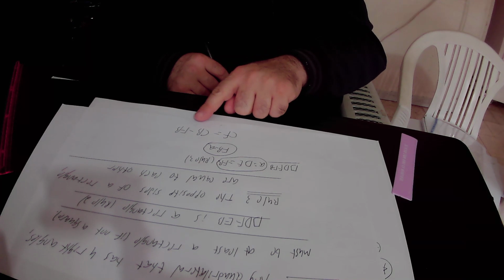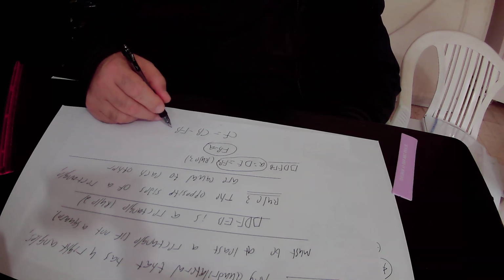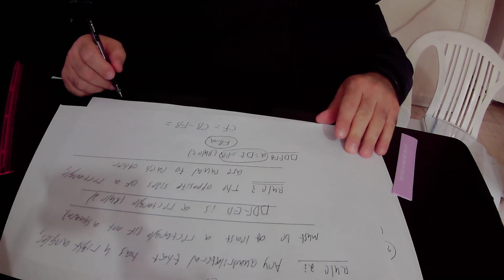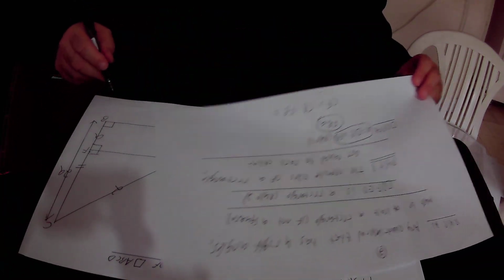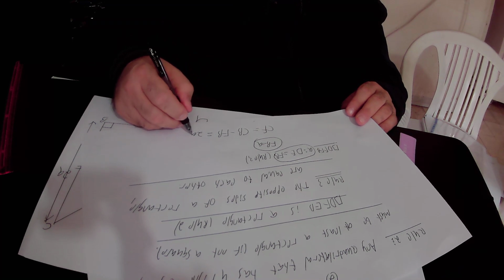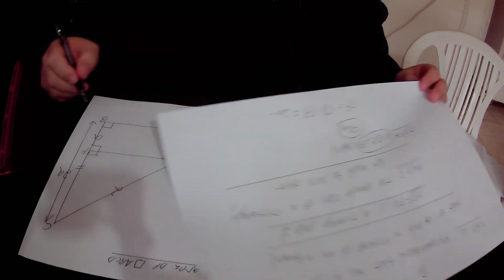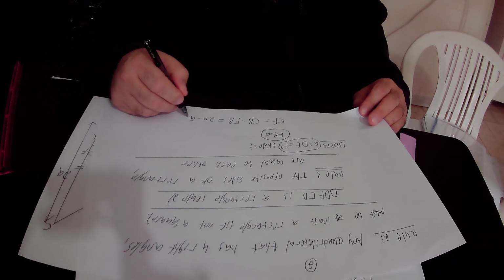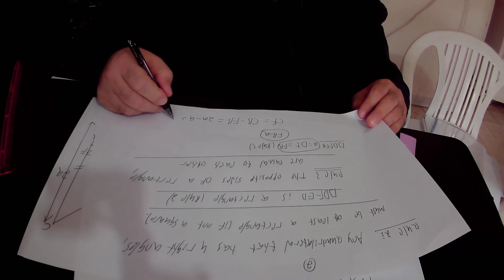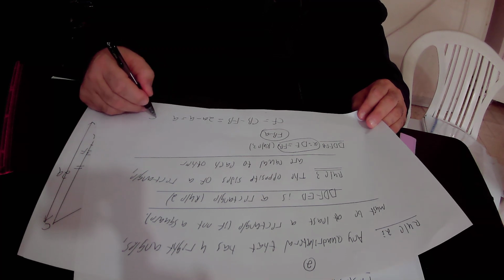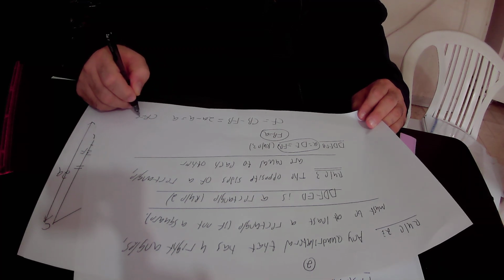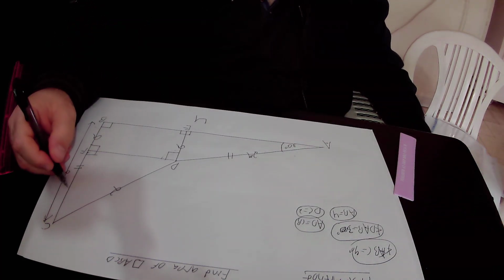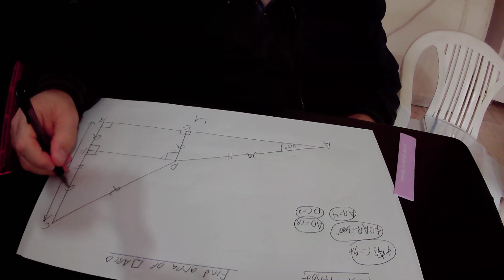That is to say, CF equals CB, but CB equals 2A, and we already found out that FB equals A. So CF equals 2A minus A, which is A. So we can write here that CF equals A.